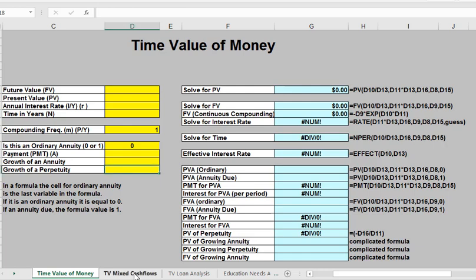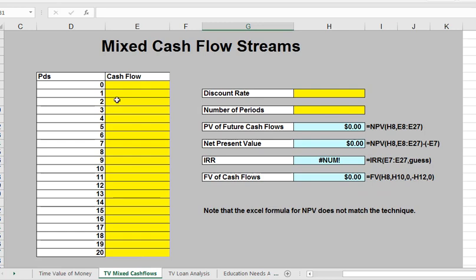When you click on that button, now we have this worksheet. Again, as with all worksheets, the yellow boxes are data points. The blue boxes contain answers to our questions.